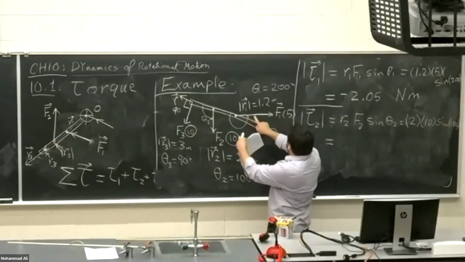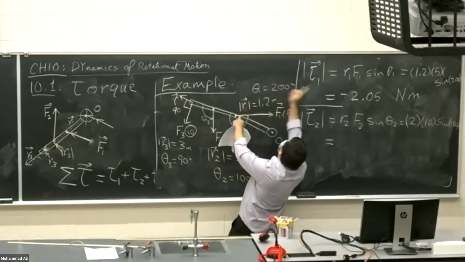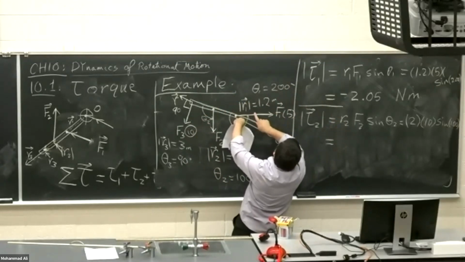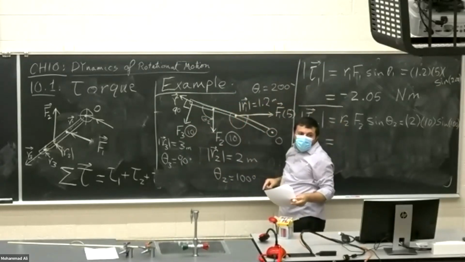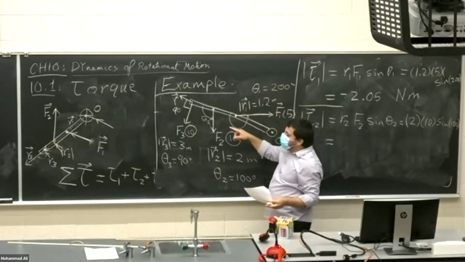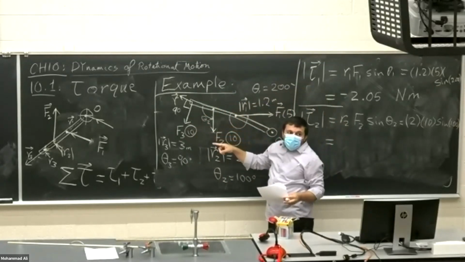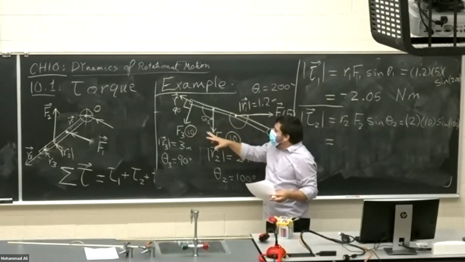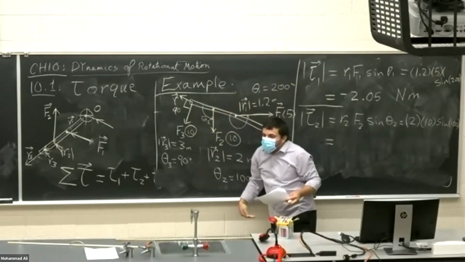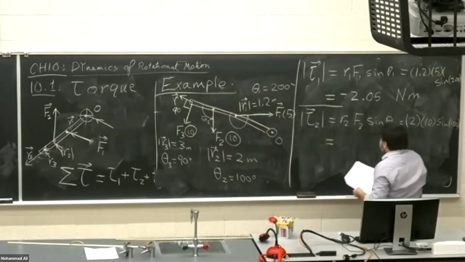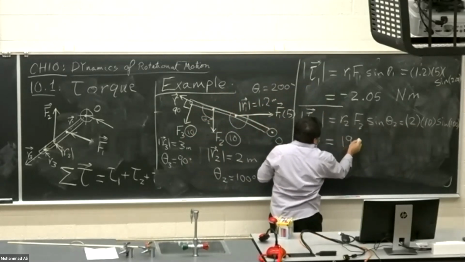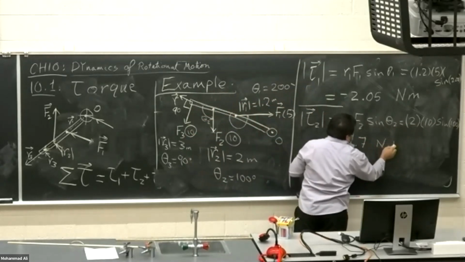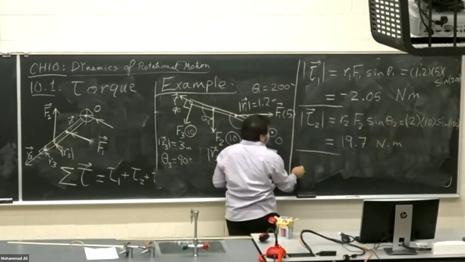Right? F1 will rotate the object clockwise. It is negative direction. But F2 and F3 counterclockwise, it will be positive. So this will be equal to 19.7 newton meters.